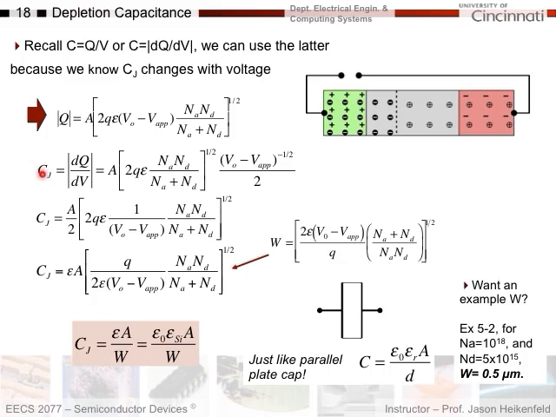They're the same term, remember, so I call it CJ, but I tend to call it depletion capacitance. As I take the derivative of this with respect to voltage, the derivative of something to the 1/2 gives me to the minus 1/2 power. The 1/2 falls out, so that's where I get this over 2 here. This is what I'm taking the derivative of, so this term stays. And this stuff here is just a constant that stays out in front of the term. So now I've got the capacitance calculated here.